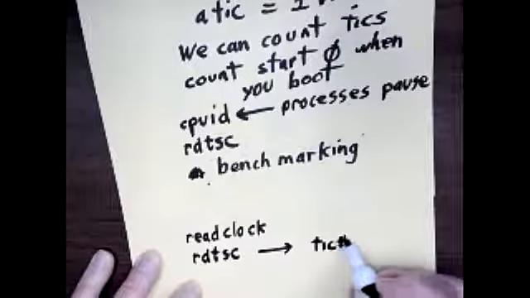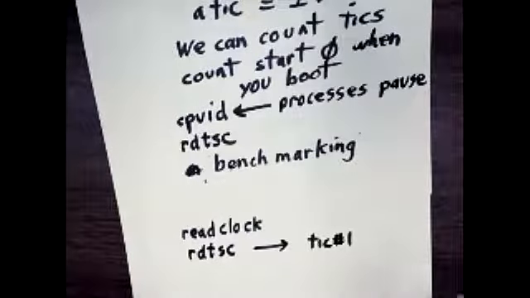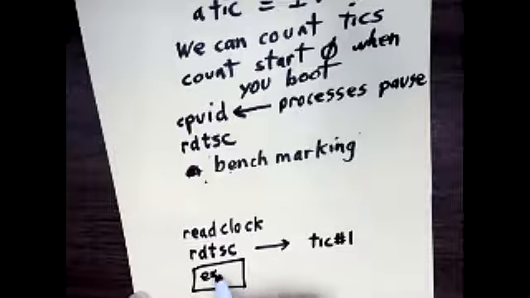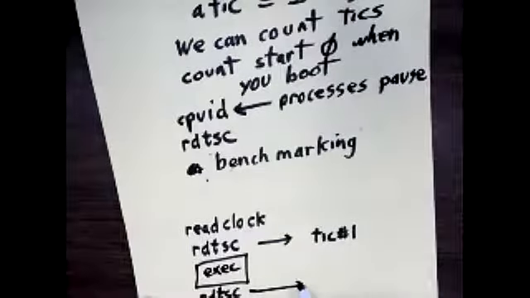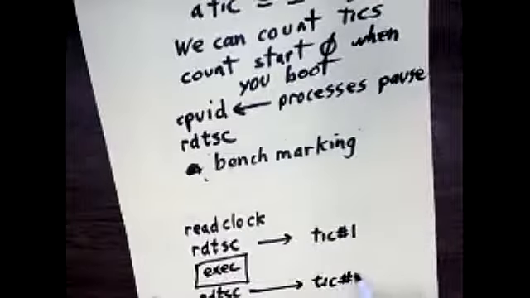number one, and that's some number, 48,732,622. And then we execute some stuff. And then we read the clock again. And we get another number of ticks, number two.